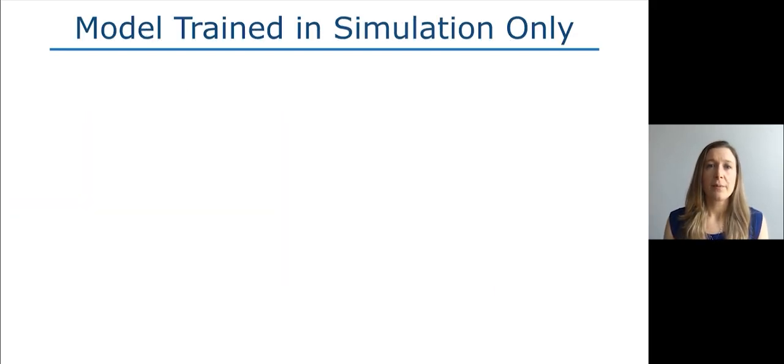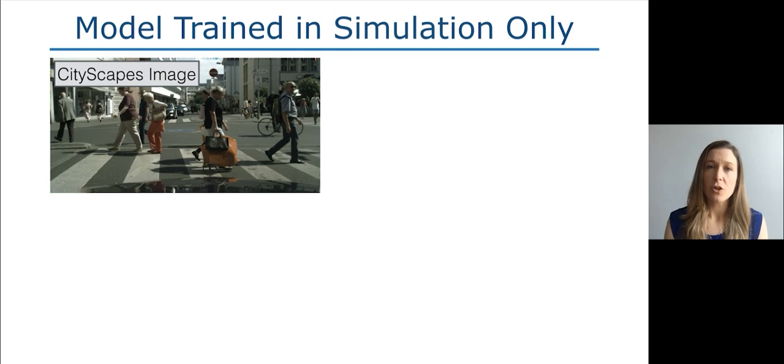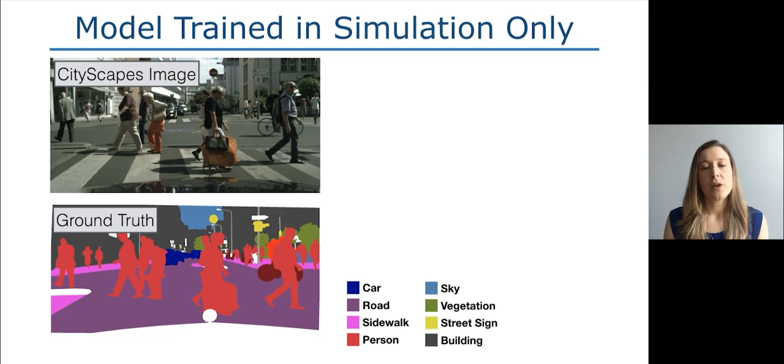And when we do that, we can take a test time image like this Cityscapes image here. And we know that the ground truth annotations for this image correspond to these colored labels here.